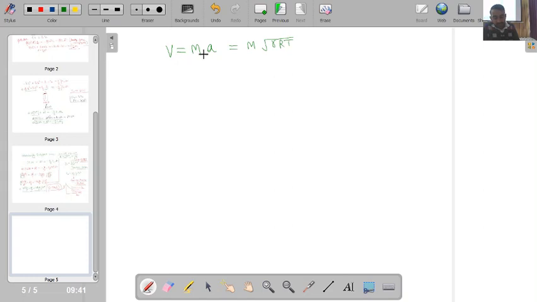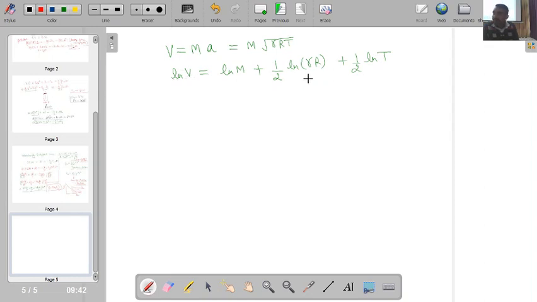Now let's take log of this particular equation. If I take log of this equation, then ln of V will become ln of M plus 1 by 2 ln of gamma R, which I have kept together, plus 1 by 2 ln of T. Is this clear up to this point? Now let me take the derivative of this.